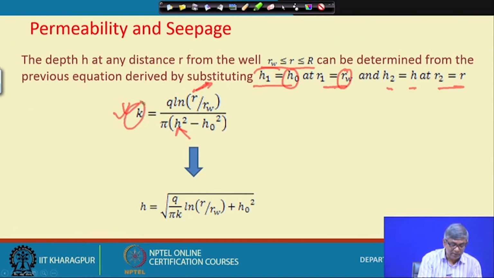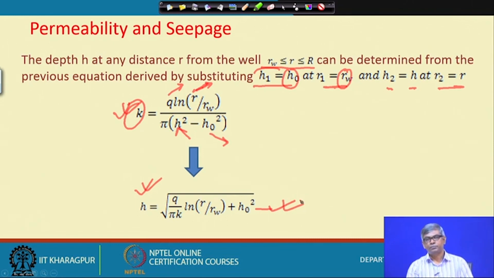If k, q and H naught are already determined, then H can be determined. Simplifying, H is given in this form: q by pi k ln R by R W plus H naught square. From this equation one can find out the value of H.